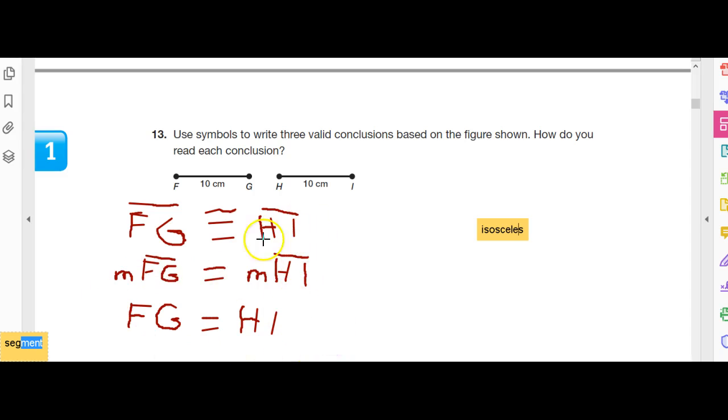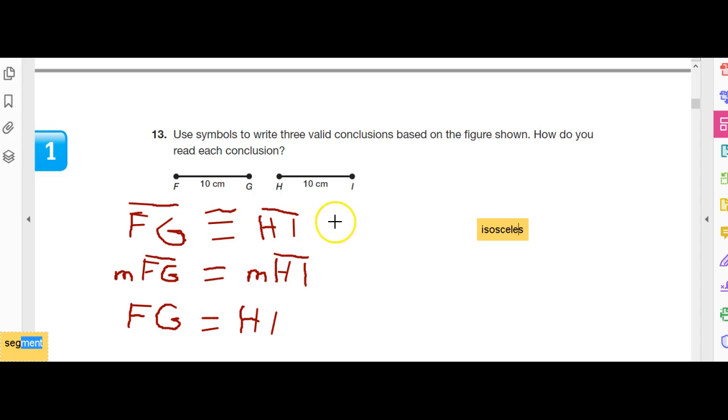3 different things. First, the segments themselves are congruent. Second, the measure of the segments, which is a property of the segments, is equal. Third, the distance between the 2 points are equal. The distances here and here are equal. That's 3 different ways, and how would I read it?